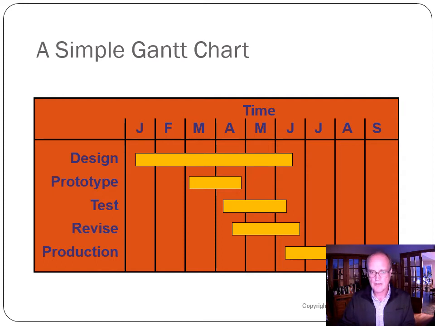We have prototype development, and prototype development can't happen till at least some design is done, and we can't test until at least some of prototype development is done. We can then revise once we've done some testing and we do some adjustments, and then we have production here, which happens close to the end of the task.